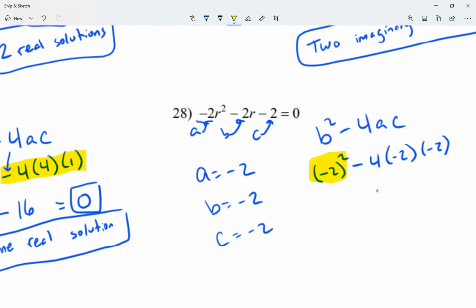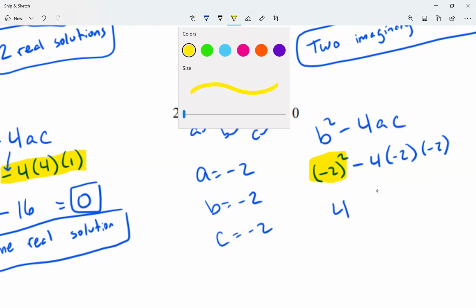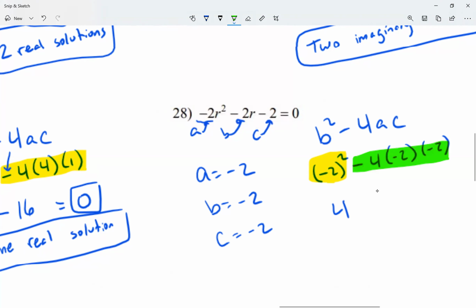Let me start with my exponent. Negative 2 times negative 2 is positive 4. Let me take a look at my second part. I count the negative signs. I see 3 of them. I know 3 is an odd number, so let me write this as a minus. Let me multiply my numbers. 4 times 2 times 2 is 16.